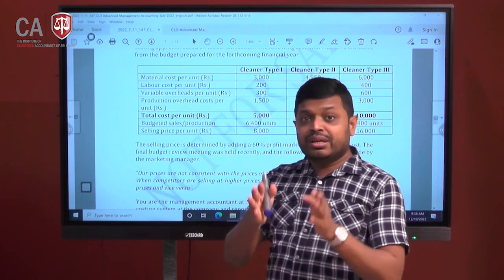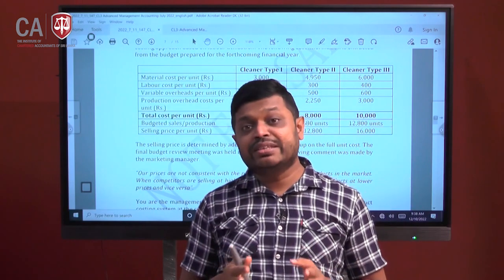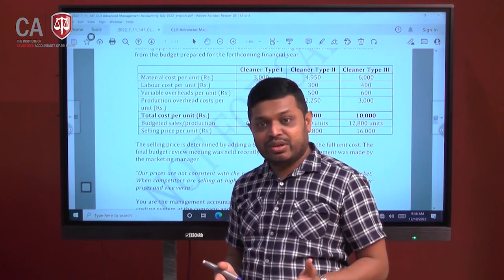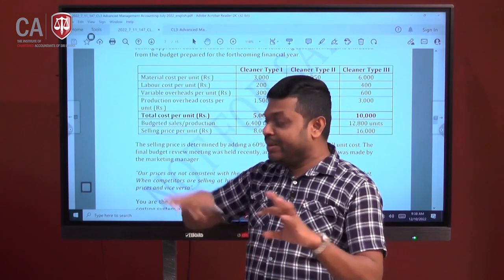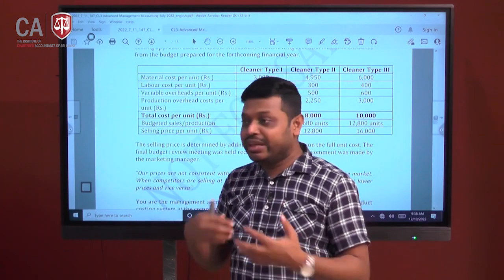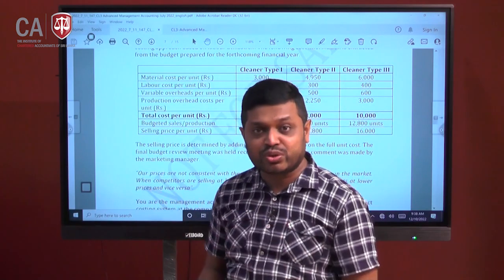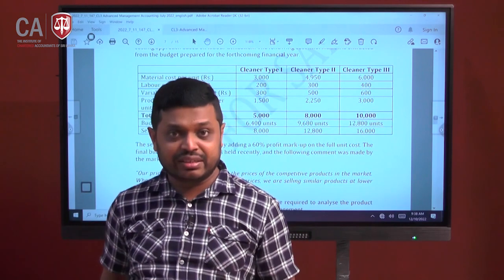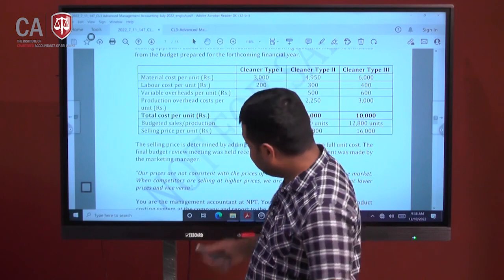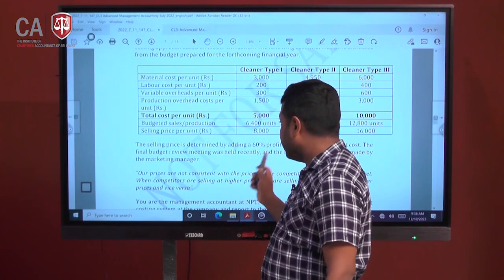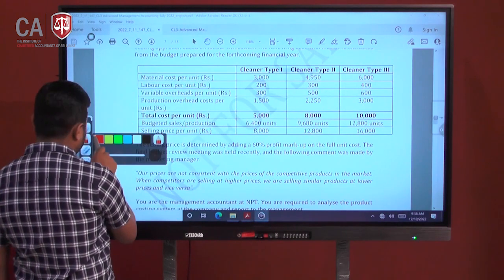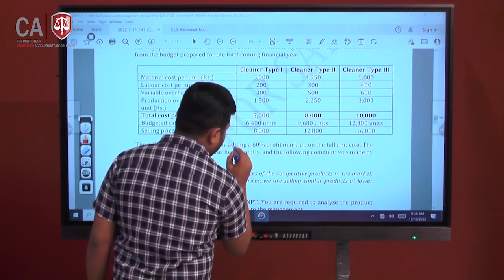You have used direct labor as the basis for absorption, but it is a single basis. Different activities might have generated overhead. Therefore, the utilization of those resources will be different for each product, but we use a uniform basis to allocate overhead. On the other hand, we are uniformly applying a 60% profit markup.